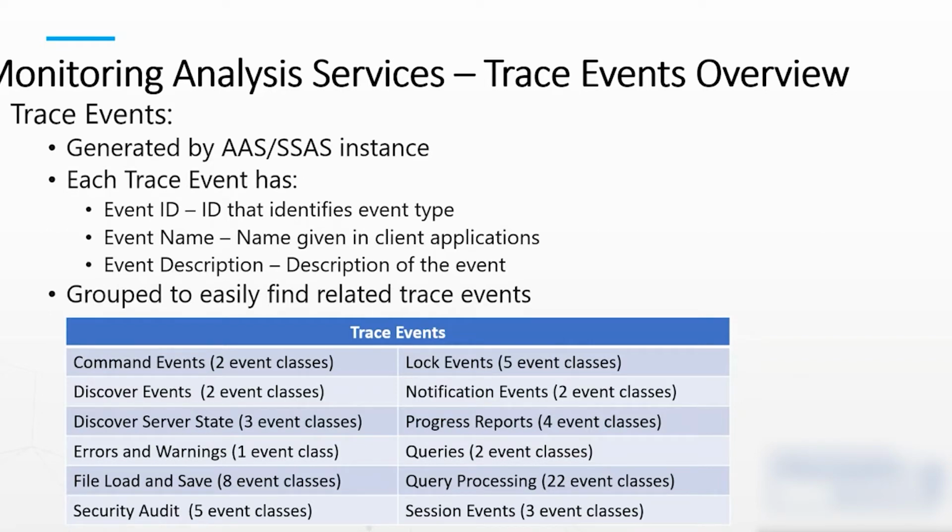And within that, there are two classes that allow you to further diagnose any issues. There are roughly 70 classes available. But again, depending on what your need is, let's say query processing is what you're after and wanting to look at. You can look at query processing. There's 22 different classes there. Also, queries begin and end is another one. Those are the event classes within this.